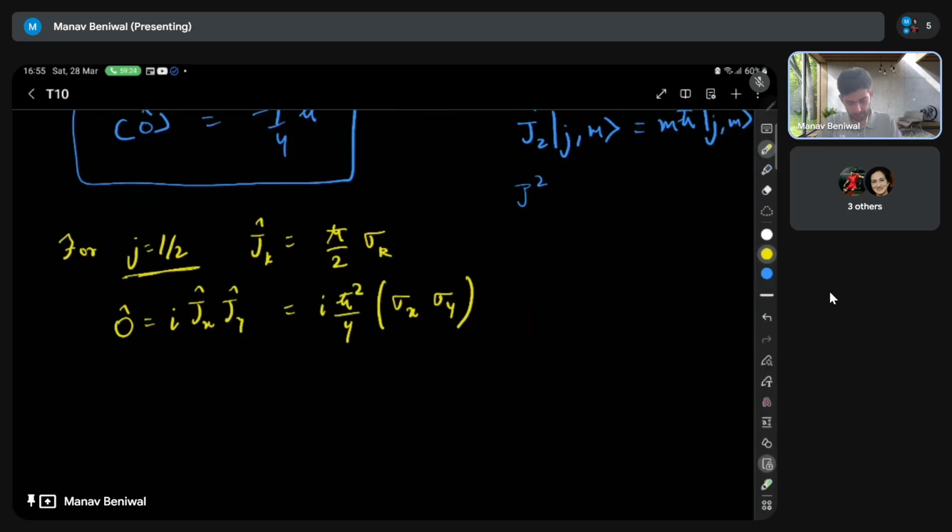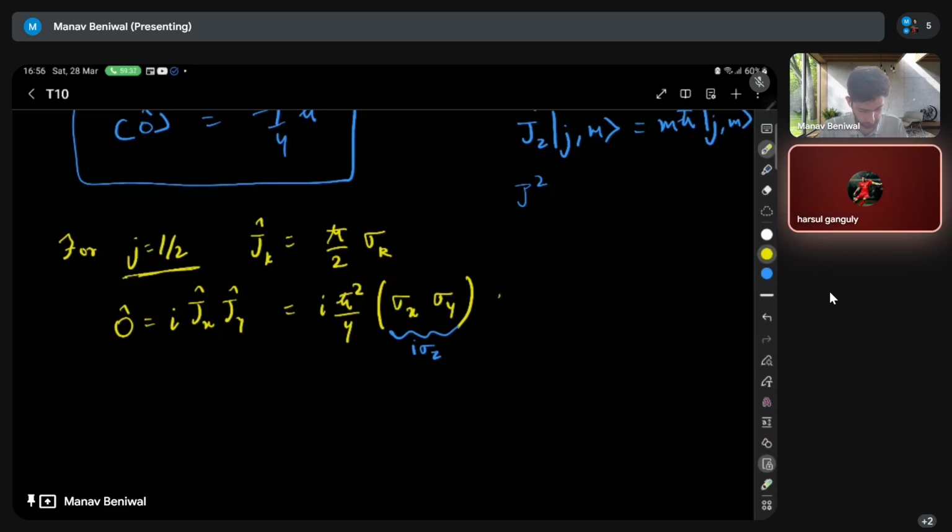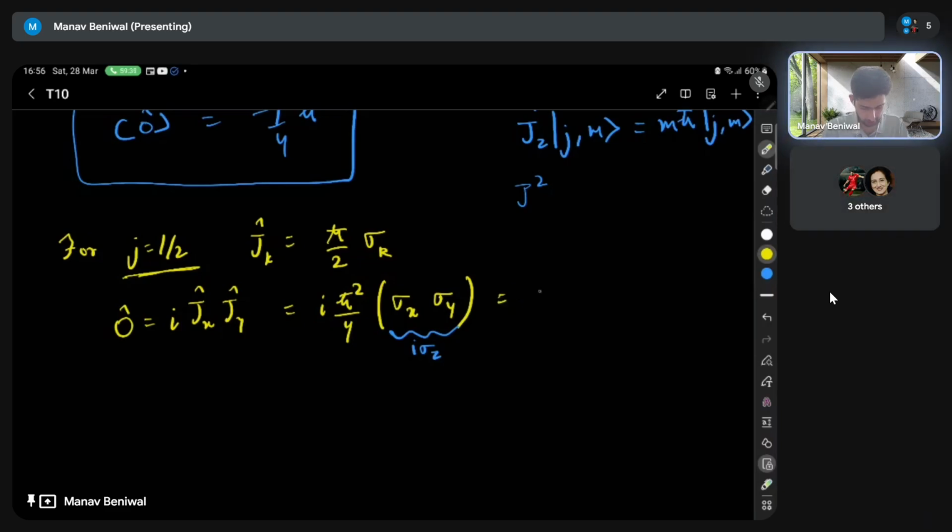And we know that this sigma x sigma y is nothing but iota times sigma z. This is the cyclic relationship. Therefore this simplifies further. This iota squared will give us minus h cut squared by 4 and sigma z.